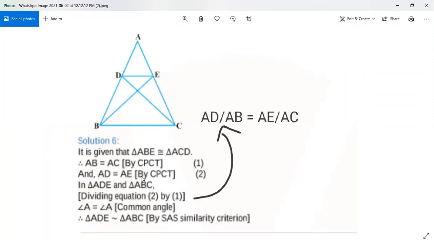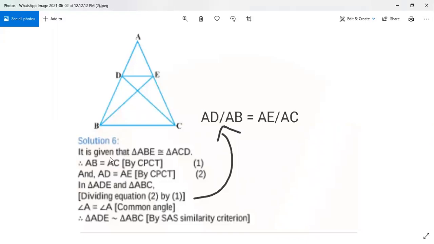So here it goes. These two triangles were given to us as congruent. So their corresponding sides, that is AB of the first corresponding to AC of the second, will also be equal by CPCT. Then this AD will be equal to AE, again by CPCT. Okay, triangles अगर congruent होते हैं, all their sides as well as angles are all equal.